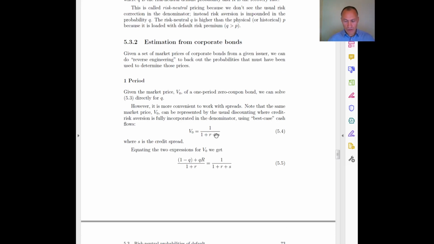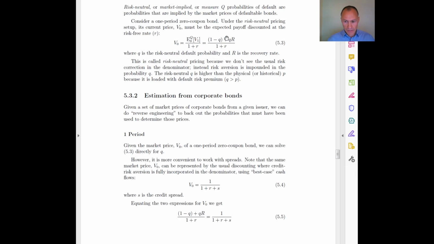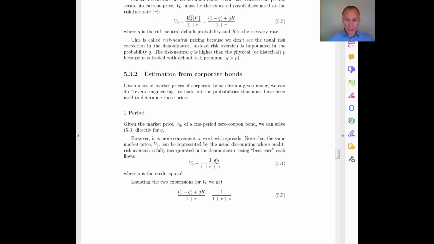Okay, so instead of writing the bond price like this, I can write the same bond price in this spread-like fashion. So notice that what I'm changing now is that in the numerator I'm putting the best possible case, the best cash flow, which is the case of no default, where I get the face value. This is a zero coupon bond, so I just get 1. And I am adjusting for risk aversion in the usual way in the denominator by putting the risk-free rate plus some spread to compensate for risk.